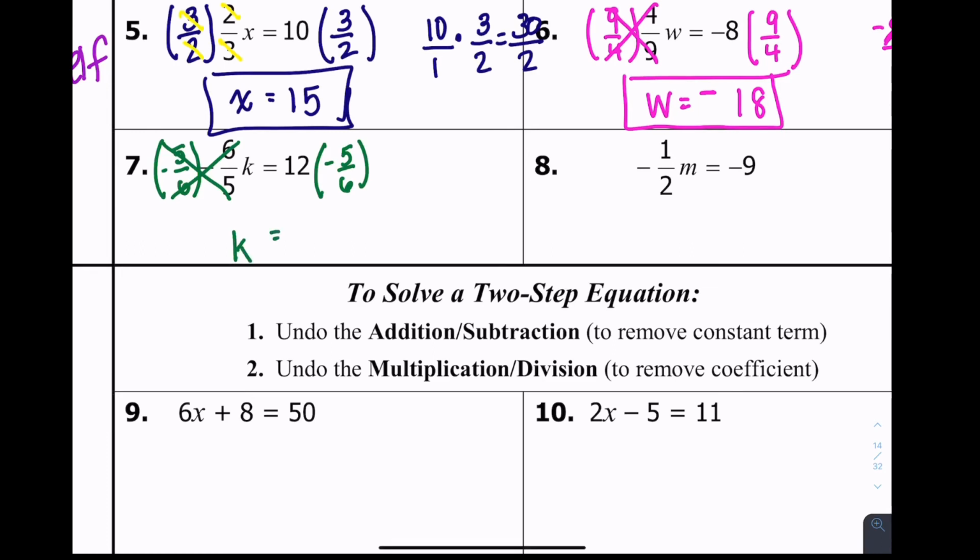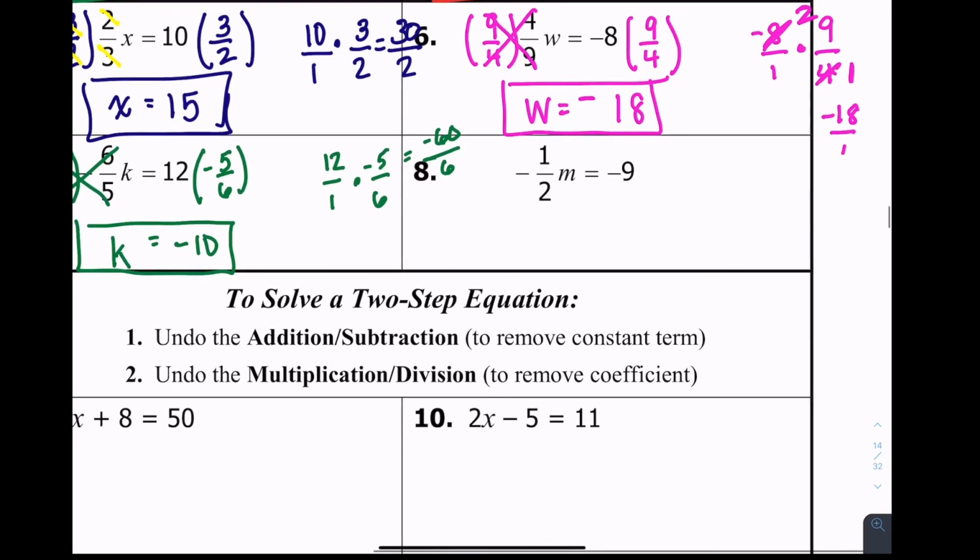Go to your side. 12 over 1 times negative 5/6. Personally, you could do this either way. 12 times 5 is 60, but it's a negative, divided by 6 to give you negative 10.